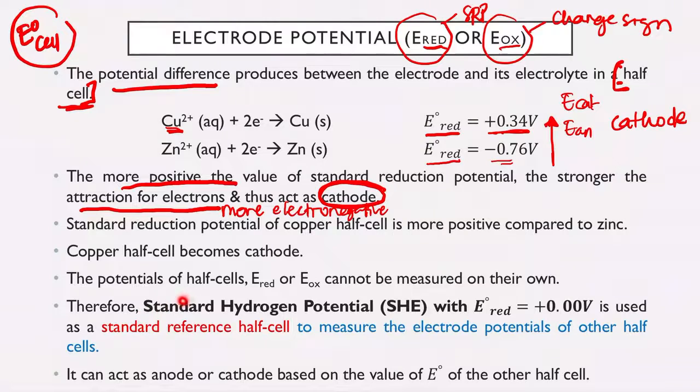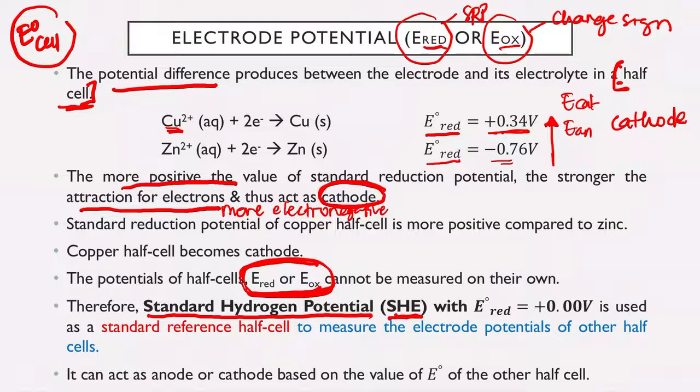Okay. So, your electrode potential ni, E reduction dengan E oxidation, it cannot be measured on their own. So how do we compare? What is our reference? We use standard hydrogen electrode, tak silap. So it is also known as SHE.